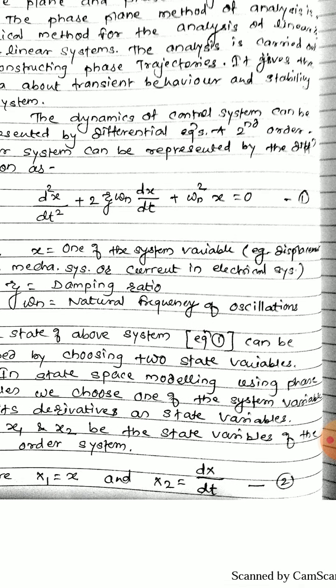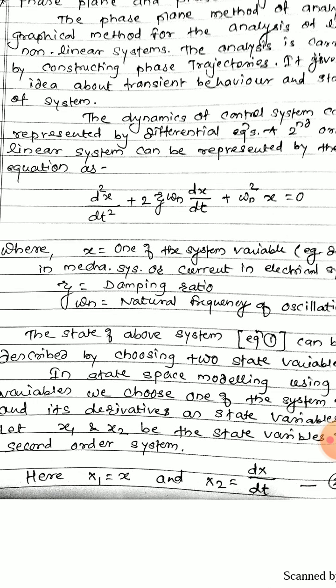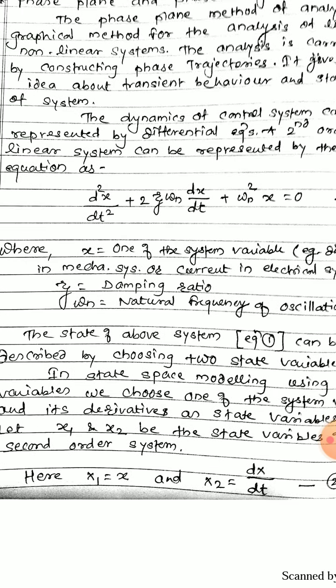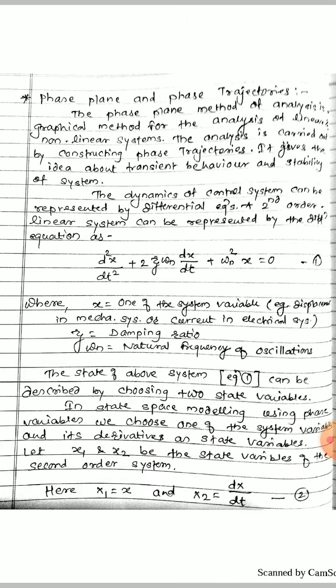The state of above system, that is represented by equation 1, can be described by choosing two state variables. In state space modeling using phase variables, we choose one of the system variable and another one is its derivative, that is second state variable.